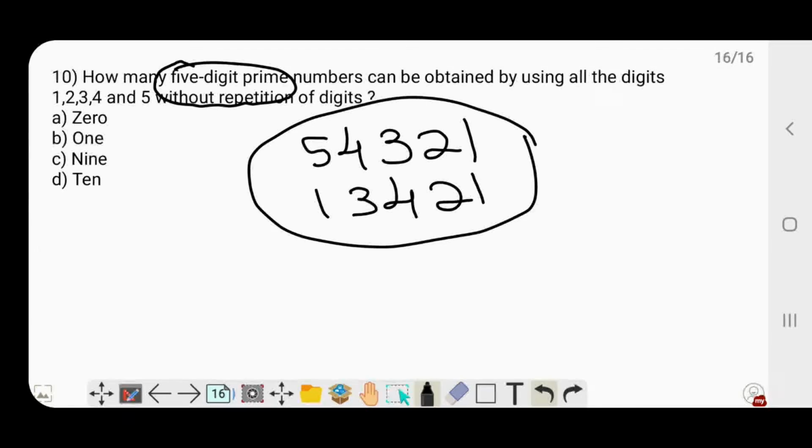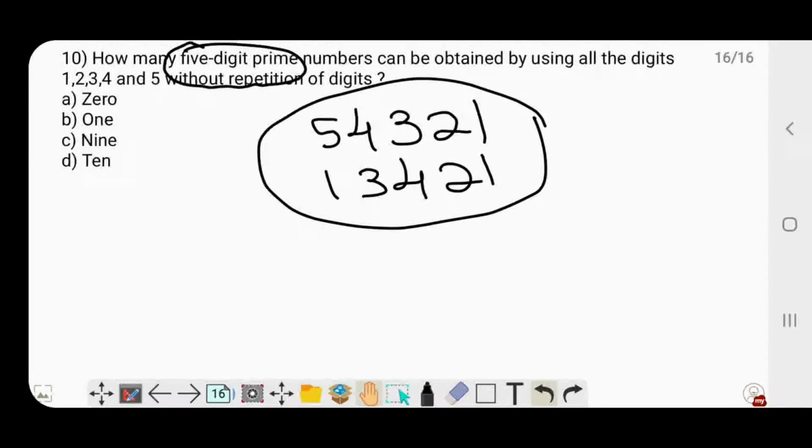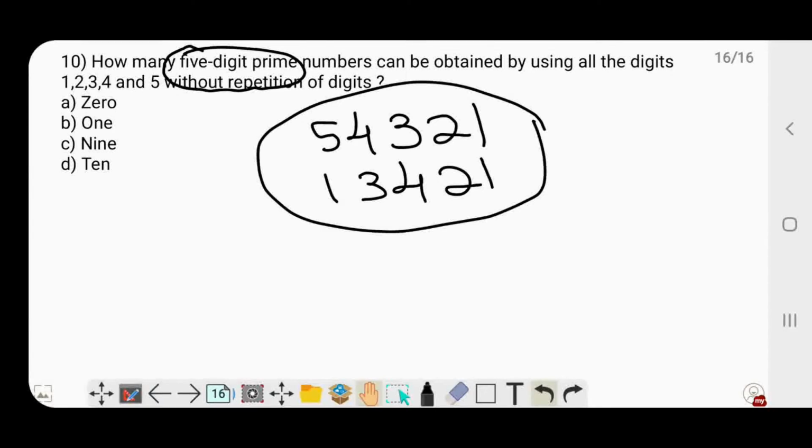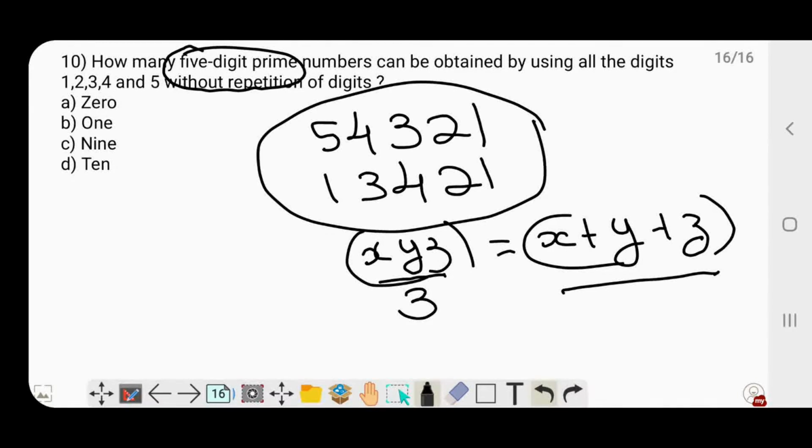Here you need to know certain rules, and one such rule is that if any number has to be divisible by 3, say the number is xyz, then the sum of its digits, x plus y plus z, should also be divisible by 3.